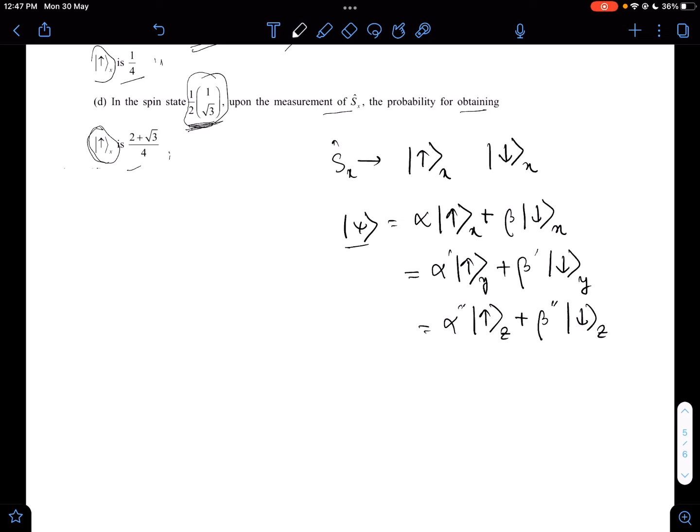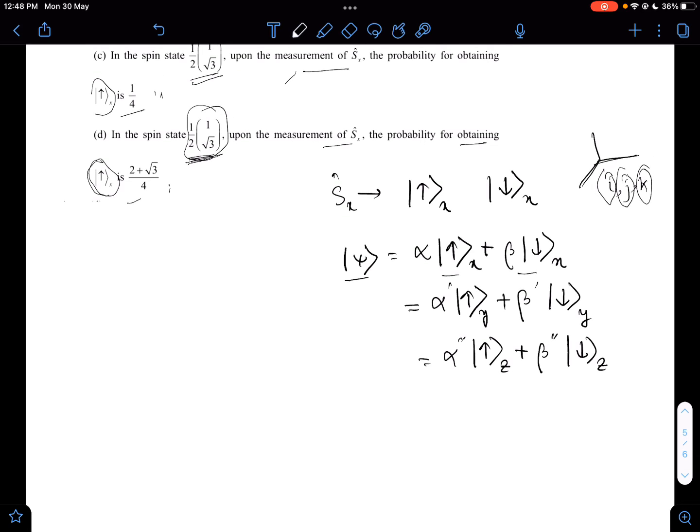Like in 1D, 2D, or 3D, in 3D we have the i, j, k basis, and we can represent any vector as a linear combination of these three. Similarly here, if Sx has these two eigenstates, we assume that they are complete and orthonormal, so we can represent any state as a linear combination of these two.